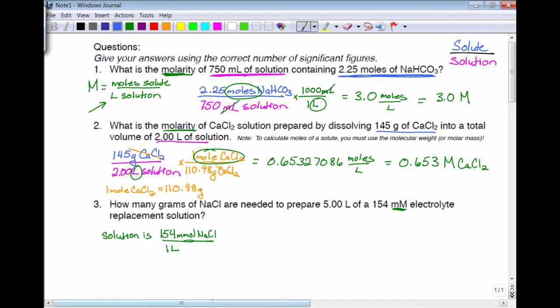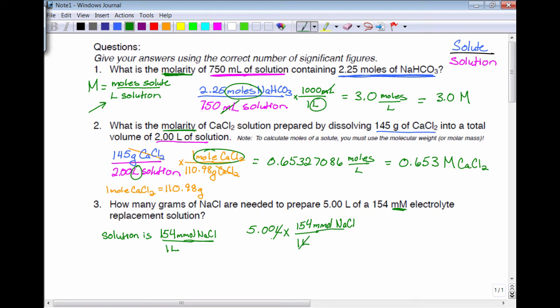In this case, I'm actually finding the grams of solute I will need to make a total amount of solution if I am given its concentration. To do this, I will take the amount of solution I need to make and I will convert it into grams. I can use the solution concentration as a unit conversion between liters and millimoles.